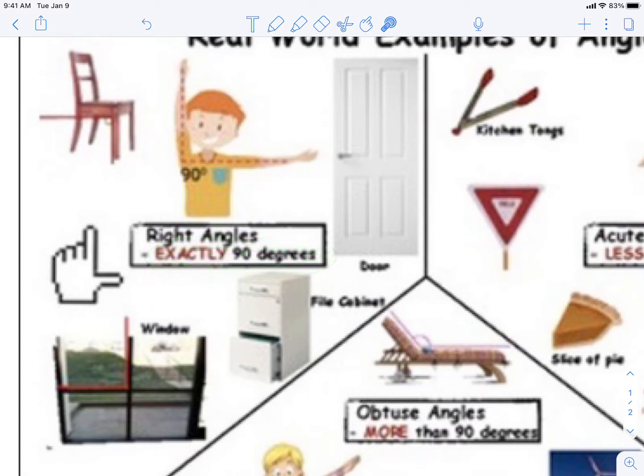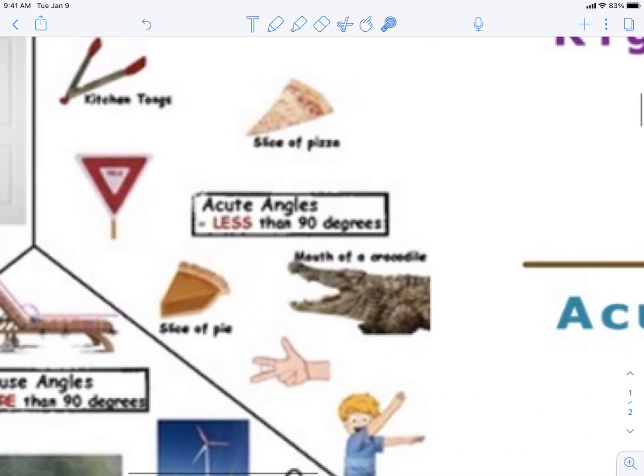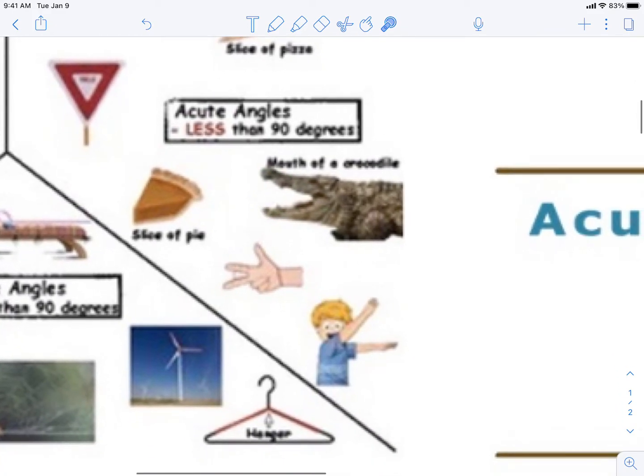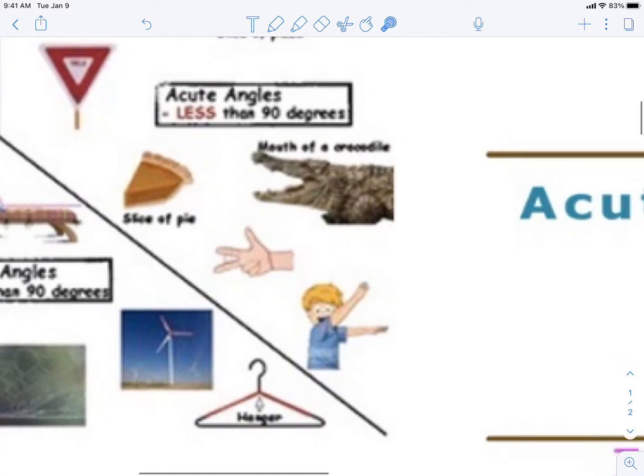It's exactly 90 degrees. That's why it has this 90 degree here on this boy. That reminded me, acute angles are less than 90 degrees, so between 1 degree and 89 degrees. The mouth of this alligator is kind of open, but not all the way. When you're playing rock, paper, scissors, it makes a right angle.